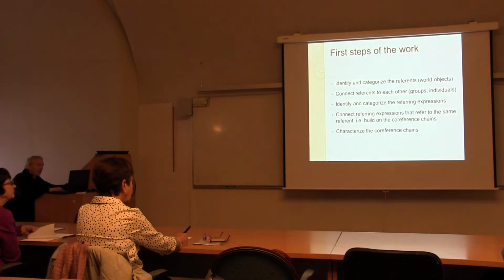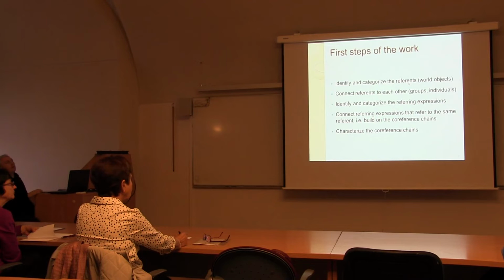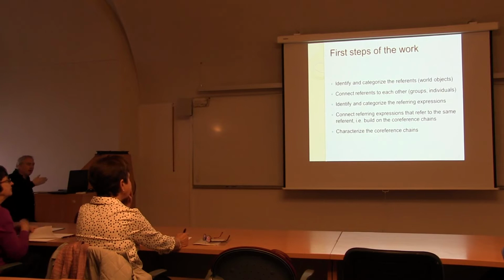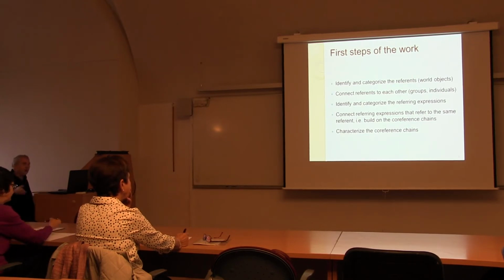Okay, so when we start with a text, the first steps of the work are the following ones. First, we have to identify and categorize the references, in particular when we have groups like the group with the father and the son, because there is a relationship between this group and the individuals that are the father and the son.